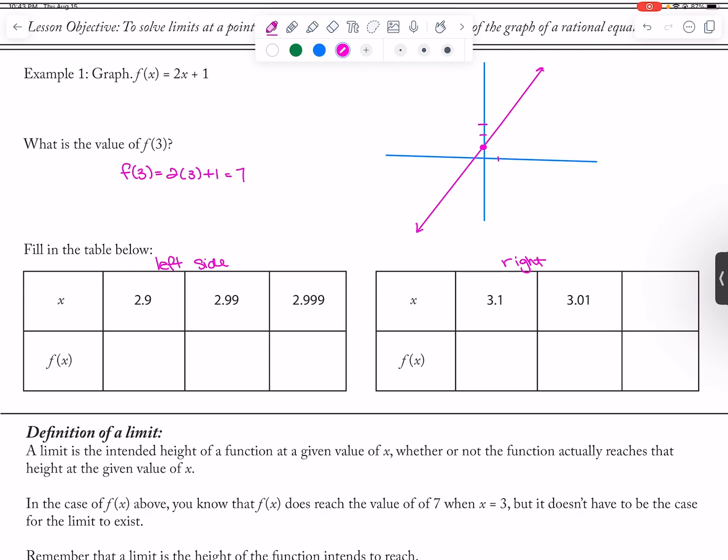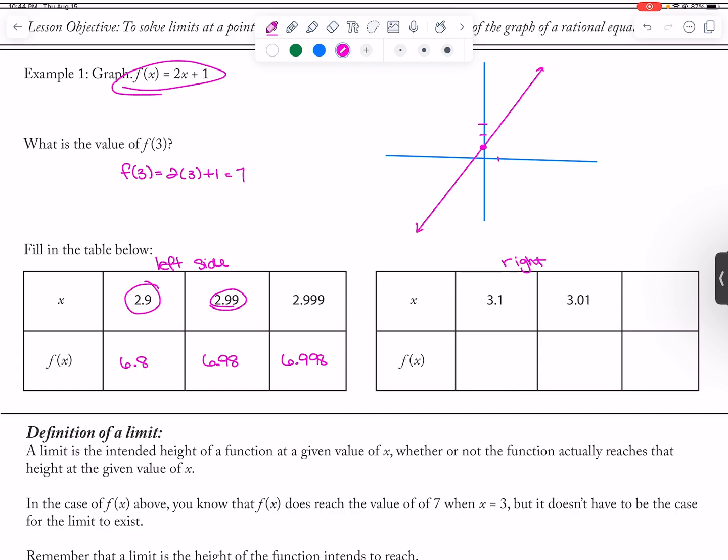So if I plug 2.9 into this equation, I would get 6.8. 2.99 into the equation gives me 6.98 using a calculator, and then 6.998. I will never ask you to do this on a quiz or a test, so you won't need to worry about using a calculator.